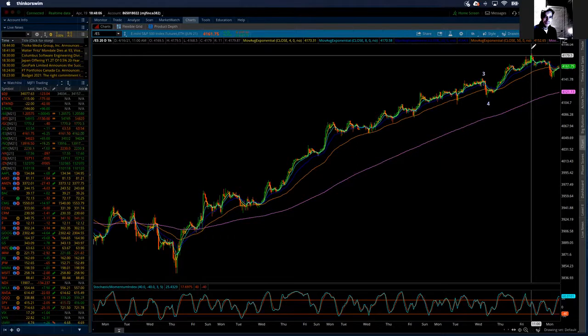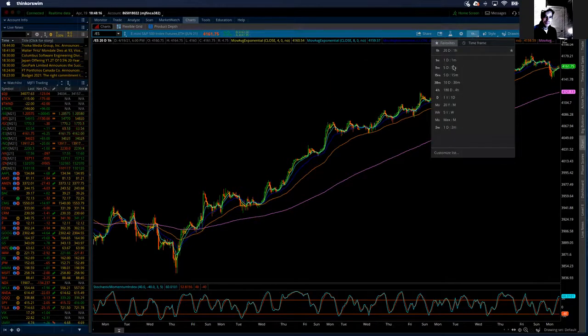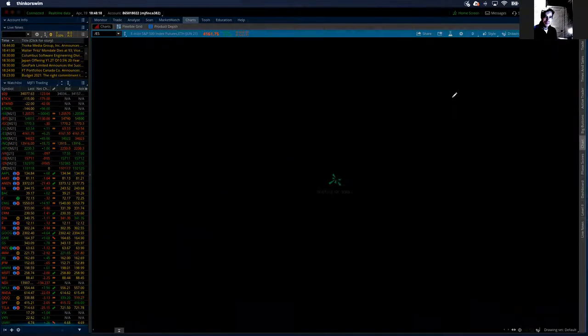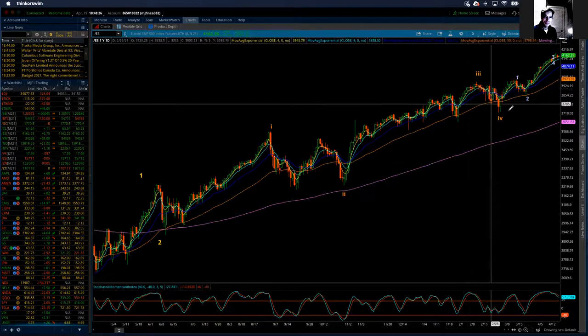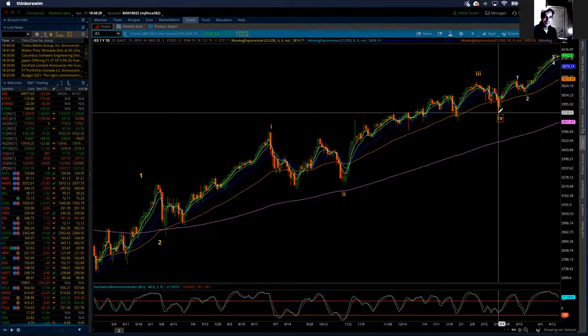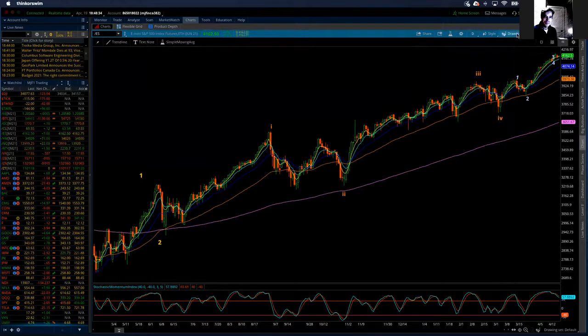And then the ensuing corrective phase that would follow would be an intermediate wave 4. And on that respect, we would be looking for that wave 4 to drop down to the 4th wave of one lesser degree, and that's down here. So we would be looking for a much larger correction than what we have seen thus far.